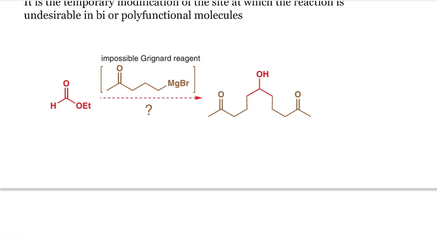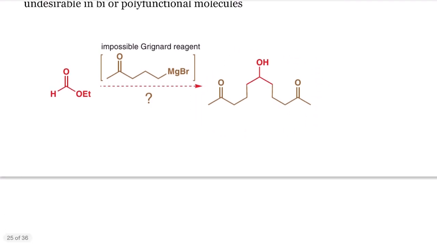So let us see the reaction of this ester with a Grignard's reagent. This is an impossible Grignard's reagent because it will self-destruct, and the desired product is this one.